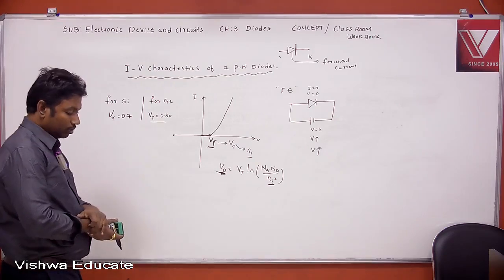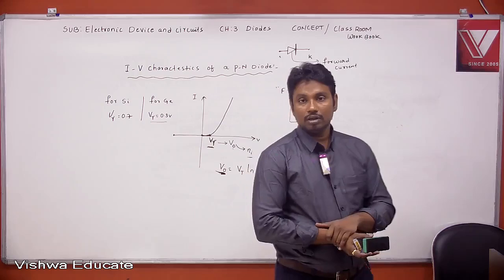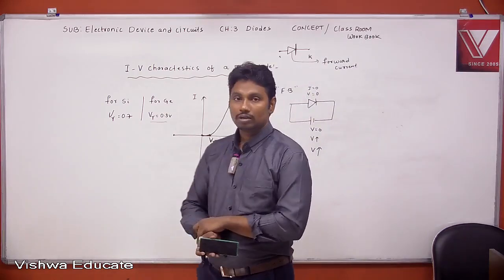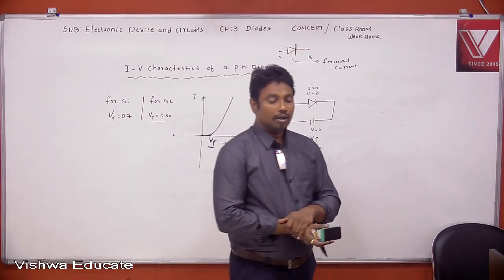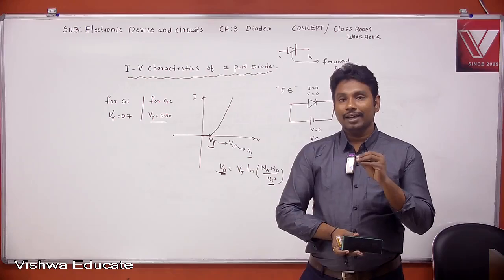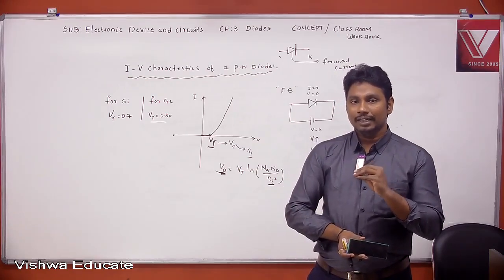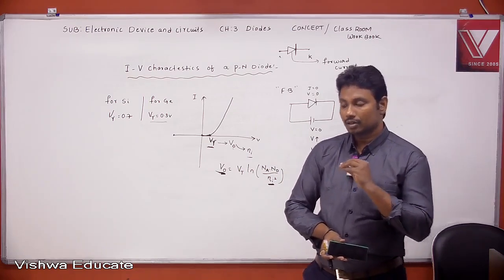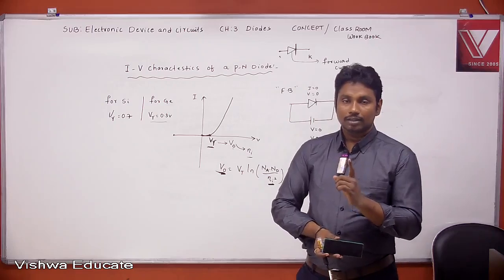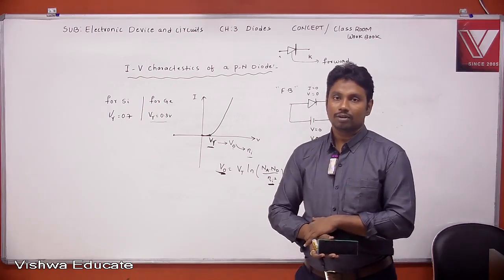Write down: germanium has lower cutting voltage than silicon because it has high intrinsic concentration. This is also an important statement. Underline it.